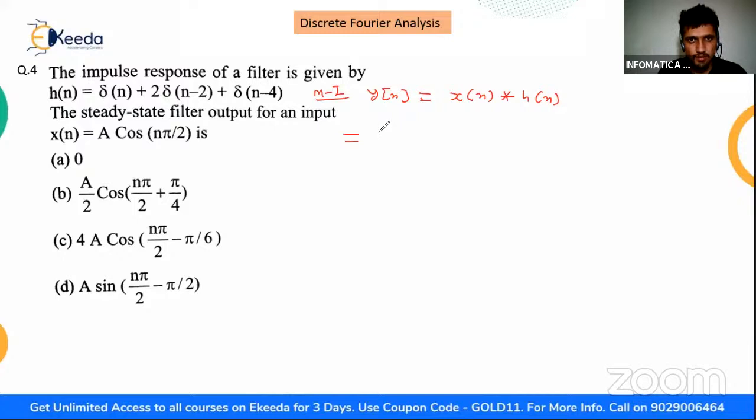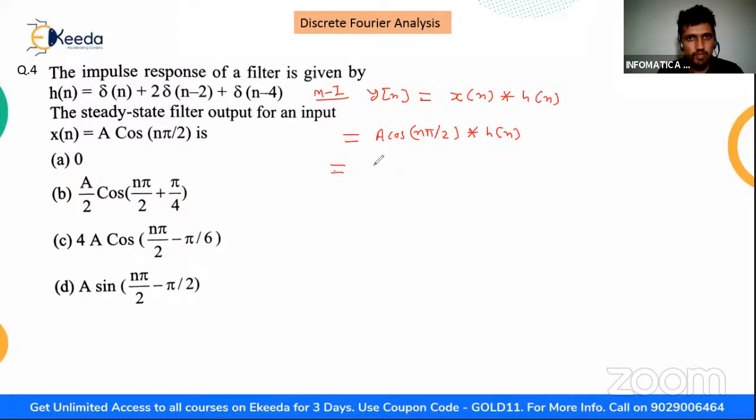What is x[n]? x[n] is basically cos(n pi by 2), and we have to convolve it with this sequence h[n]. h[n] is basically an impulse and then a shifted version of the impulse, so the convolution is very easy.